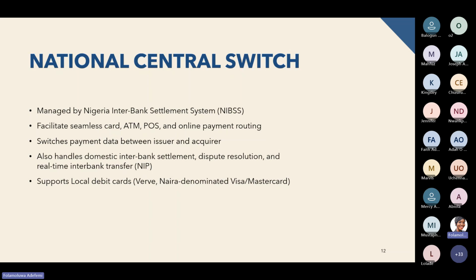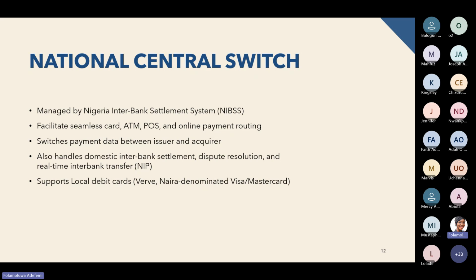So ideally, what is happening in that scenario is the cardholder is trying to give money to the merchant. So money is trying to move from GTB, which is the cardholder's bank, to Access Bank, which is the merchant's bank, for that payment to be complete.